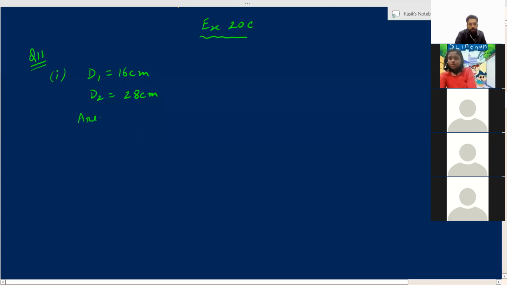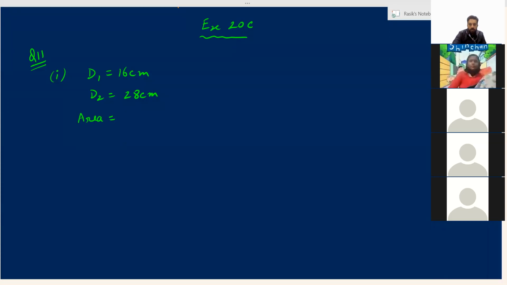So area of a rhombus, what is the formula? All of you, we have already written all the formulae. Can you tell me what is the formula of area of a rhombus? Half into D1 into D2. Sir, base into height. There are two formulae, you both are right. One formula is base into height, the other formula is half into d1 into d2.